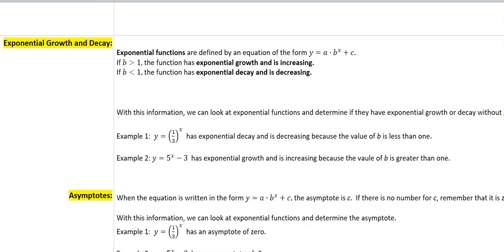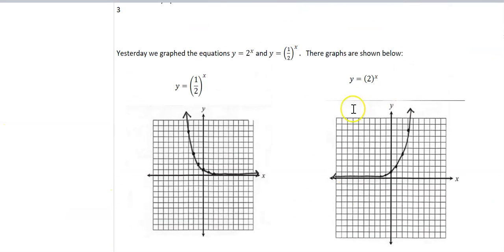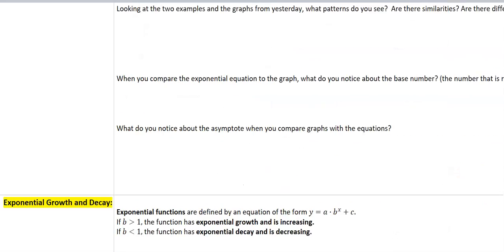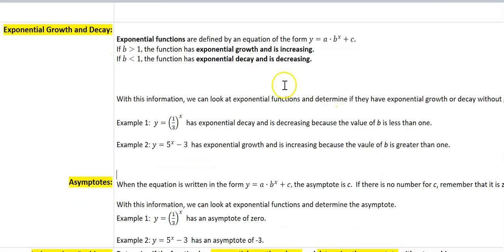So if I look at the examples we have, right here, 2 is greater than 1, and we're going up from left to right. Now, if our b value, the number being raised to x, is less than 1, which is the example here, 1/2 raised to x, we're going down from left to right, which is also known as exponential decay, and our graph is decreasing.